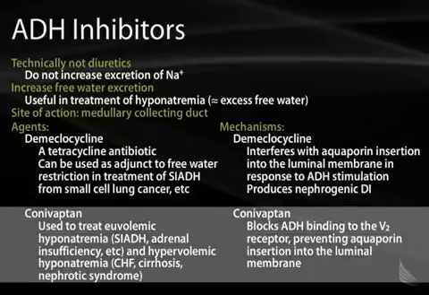Conivaptan is the prototype of this. It's used often in the treatment of euvolemic hyponatremia, such as in SIADH, as well as hypervolemic hyponatremia, such as congestive heart failure, cirrhosis, or nephrotic syndrome. Conivaptan blocks ADH binding to the V2 receptor, which prevents aquaporin insertion into the luminal membrane, thus inhibiting water reabsorption and the hyponatremia that may result from this.